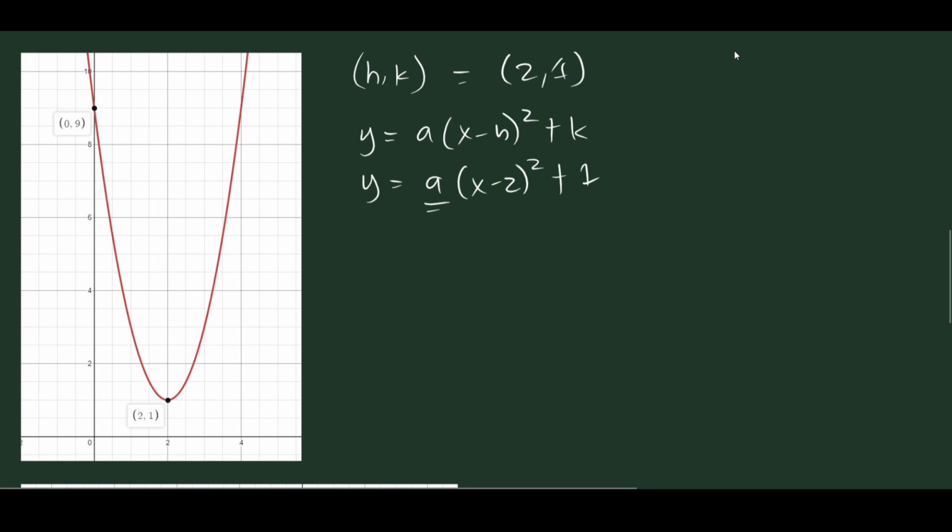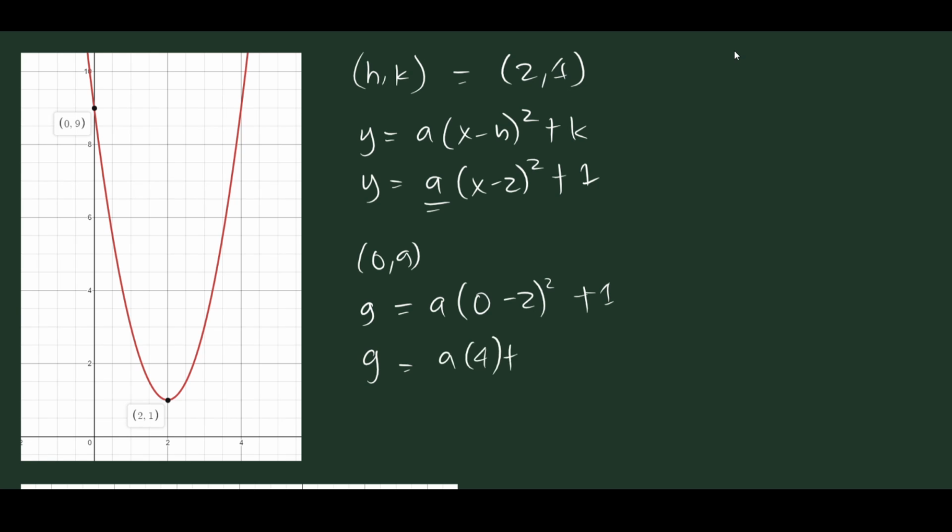Okay, so we need to use this y-intercept here, (0, 9). So what if we use that? Let's substitute. Our y is 9. We have 9 is equal to a multiplied by (0 minus 2) squared plus 1. So we have 9 is equal to a times 4 plus 1.